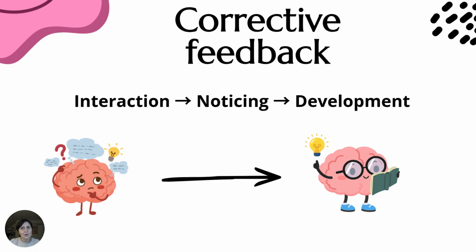So they're never sure if this is a correction or if this is a confirmation of what they just said. This is why this may be unnoticed. And if it is unnoticed, then the form will not be corrected and the language will not develop. They will continue making the same mistake or the same error. This is why the best and the most productive feedback is the one that involves the learner in interaction.